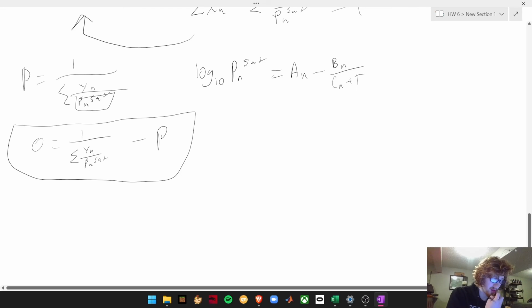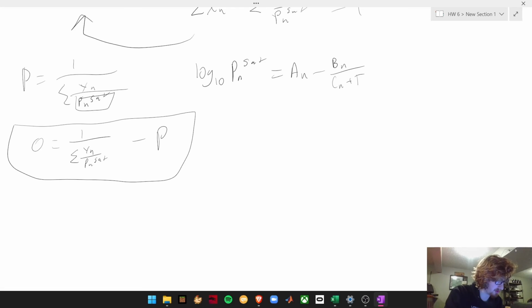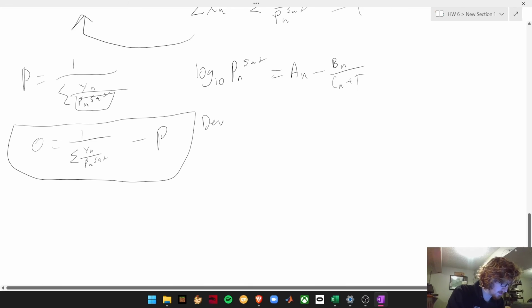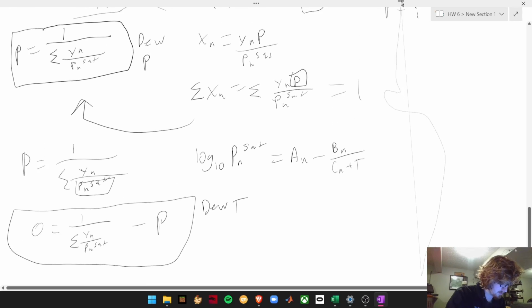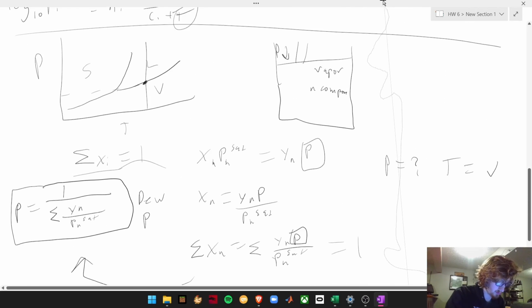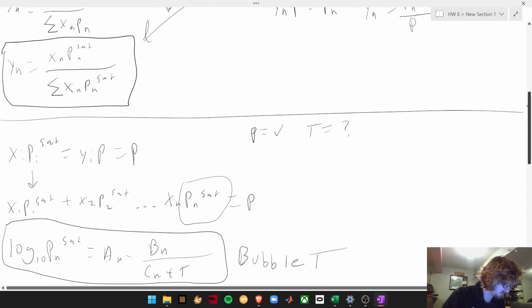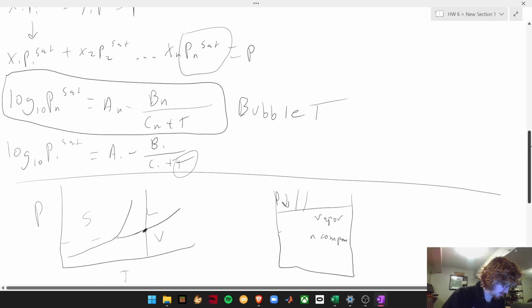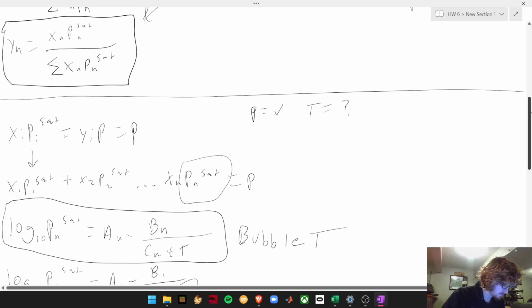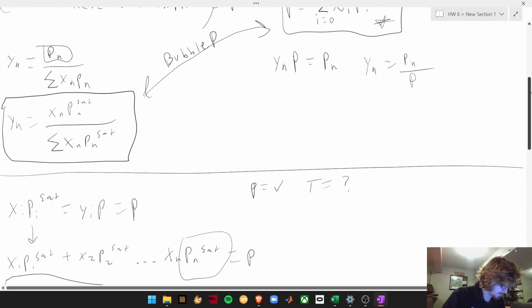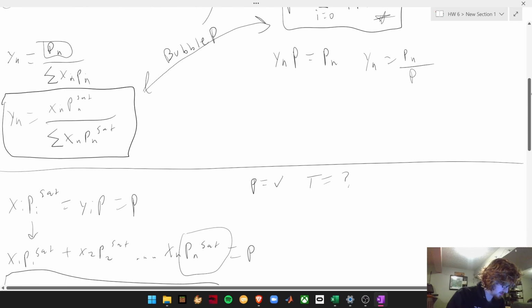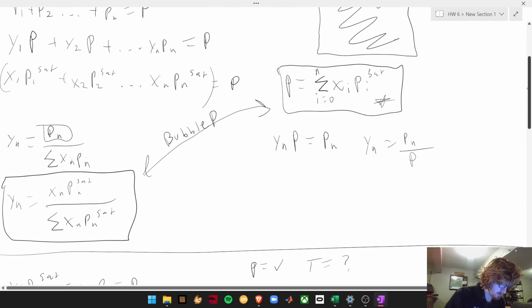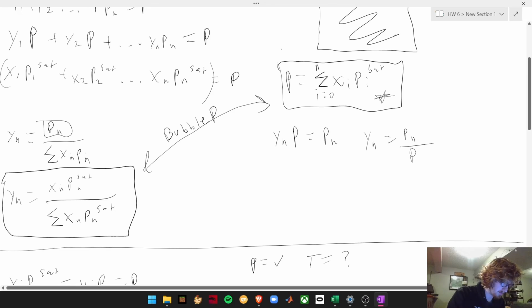And we can do the same thing with our bubble pressure, or our bubble temperature, I should say. I'm just going to scroll back up and copy it. Oh wait, I can actually scroll instead of snaking my way up. Where did I put it? So we can take this equation here.